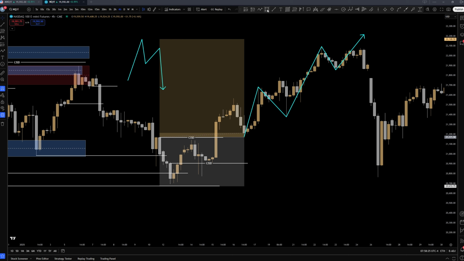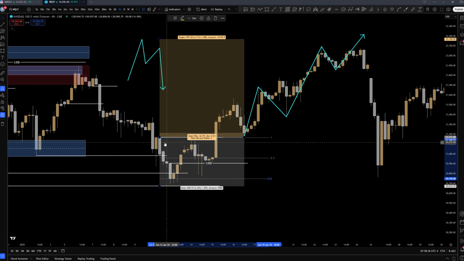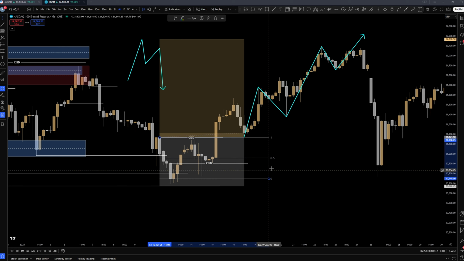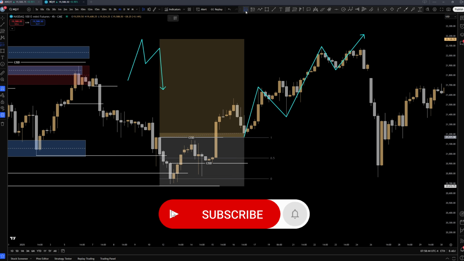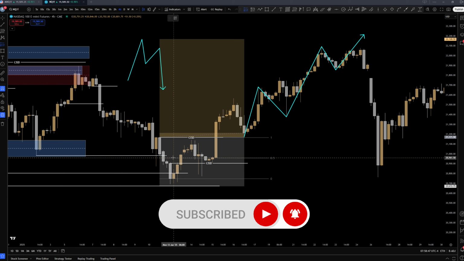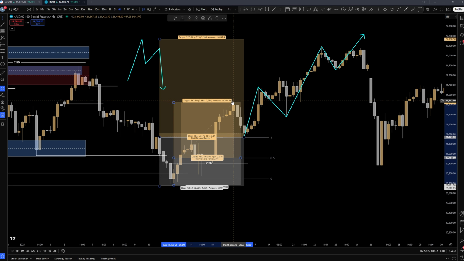What you can do is get a fib tool or a rectangle, and draw from the body of the top one to the body of the bottom one, and here is then our mean threshold, our 50% level of that order block. And if you'd entered there instead, you'd have got your 2 to 1, whatever you're aiming for, by here.